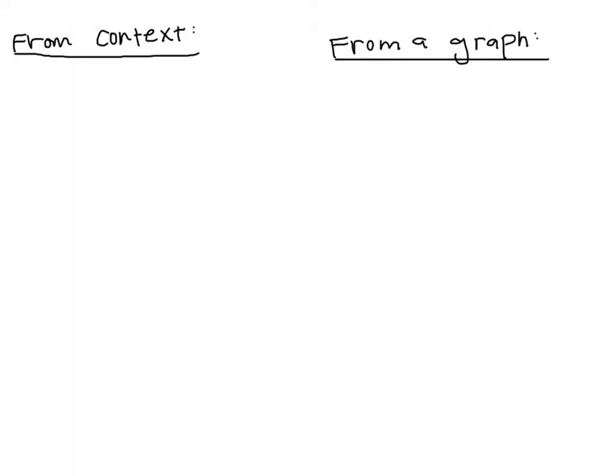First, let's review how to find the slope and y-intercept from context. When I say from context, I mean from a word problem. So to find the slope, you need to look for key phrases like each, every, per, and rate.